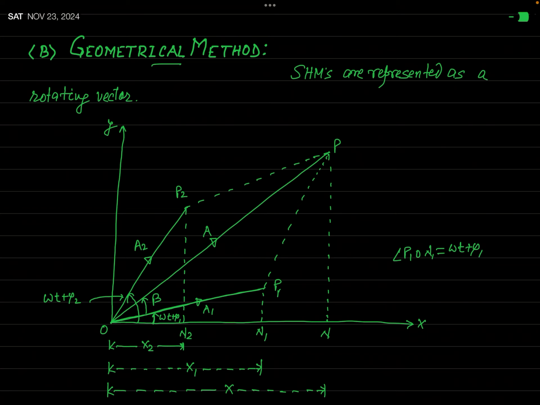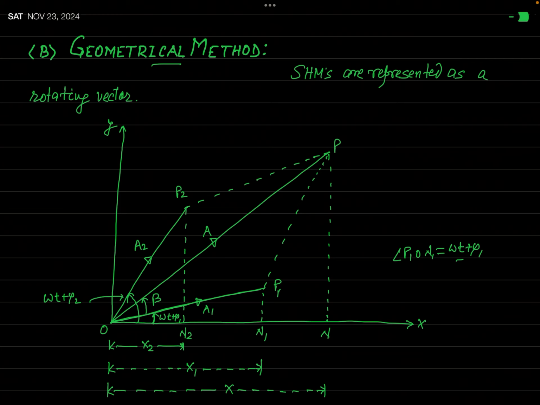This is the angle made by vector OP1 with the x-axis at any time t, because this angle is time dependent. Here omega is the angular frequency of oscillation, or the angular velocity of this rotating vector, and phi 1 is the phase constant.